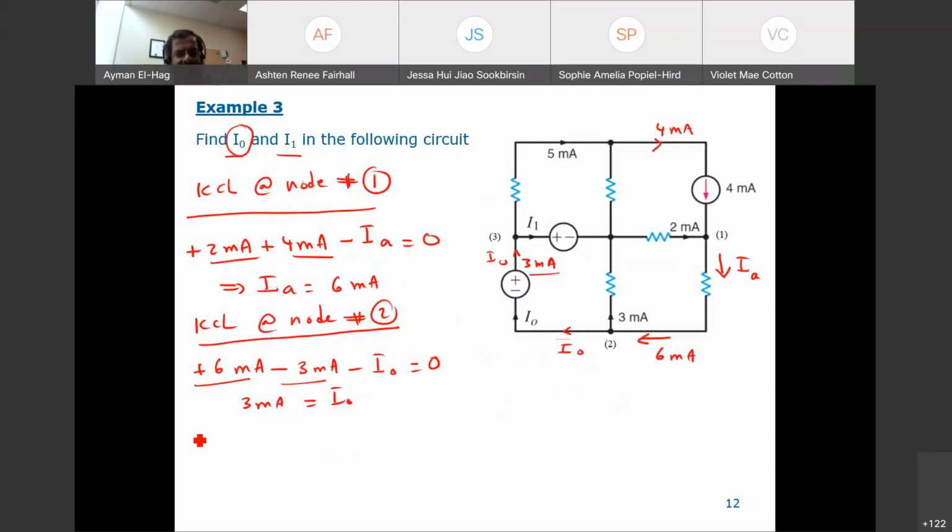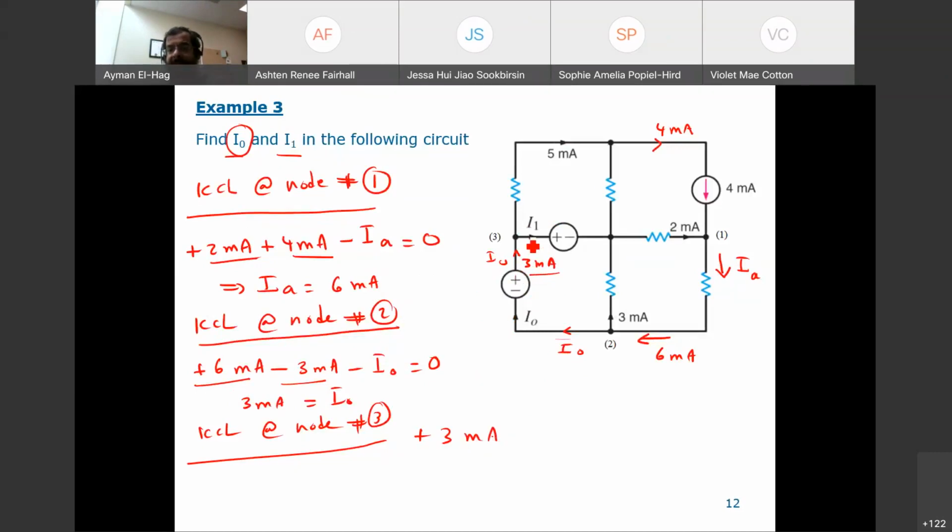Okay, finally, KCL at node number 3, which is this one. Now, this 3 enters the node, so plus 3 milliamps.